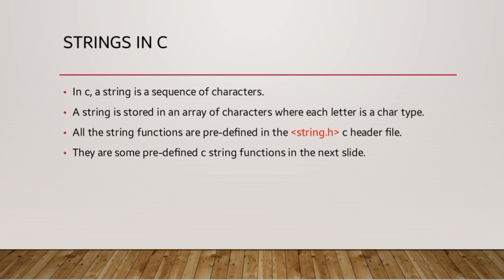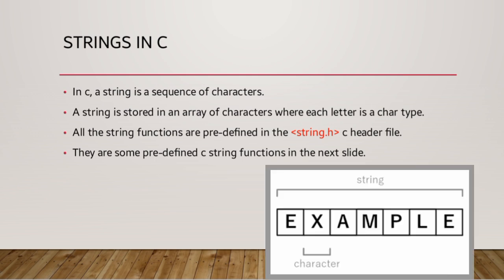But to recognize it itself as a data type, C does not have that capability. So instead, it stores strings, that is to say words, sentences, paragraphs, as characters. It is preferred that way. But languages like Java and C++ actually do recognize strings. Here in C, we don't have a string data type.